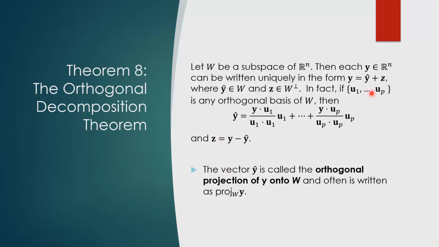And then z, if you solve for z here, it's just going to be y minus y hat. So the vector y hat is called the orthogonal projection of y onto W, and we usually write it as the projection of y onto W.